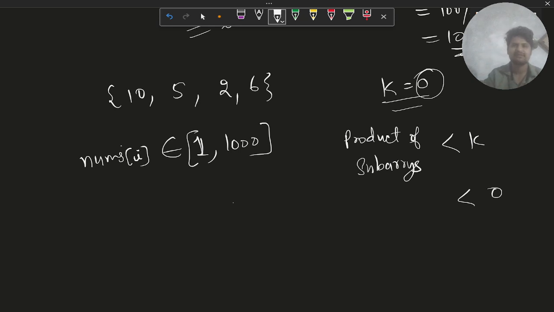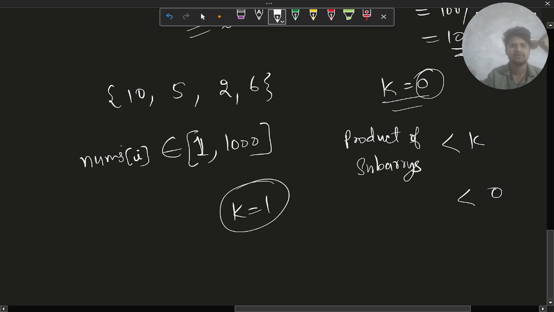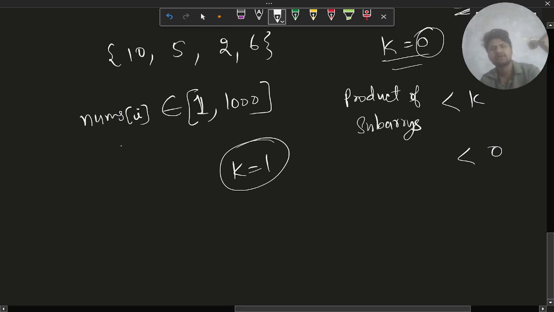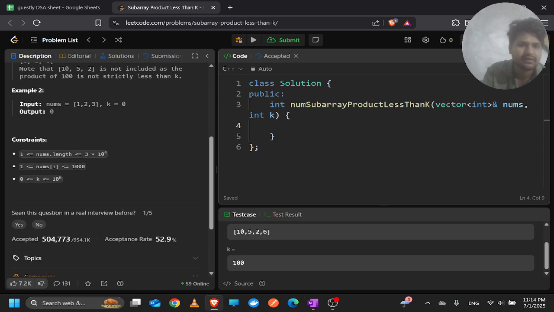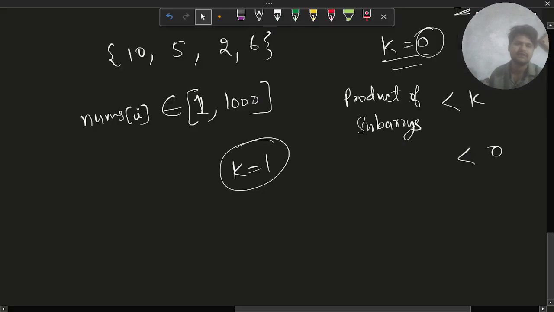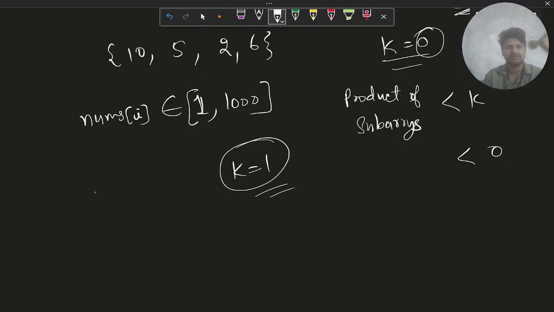Similarly for 1, if k equal to 1, we cannot form a subarray whose product is less than 1.